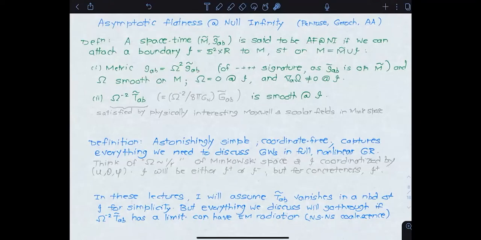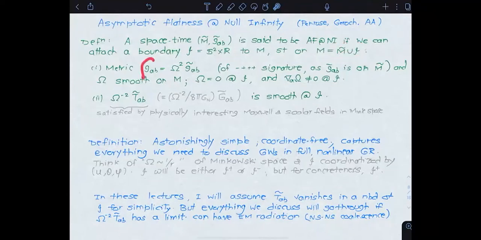So physical space-time M tilde, G tilde is said to be asymptotically flat at null infinity if we can attach a boundary, which is called, as I told you last time, Scri, which is script I, and the topology of the boundary is 2-sphere times R, such that on the completed space-time, we got the physical space-time and I've attached a boundary to it.